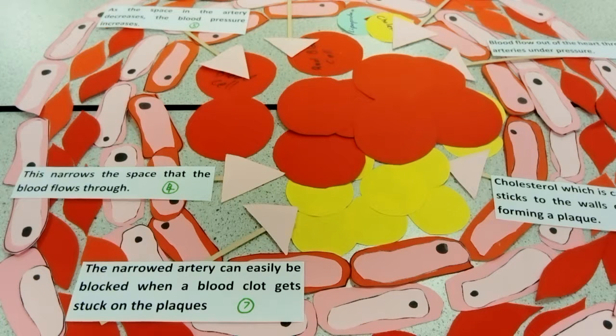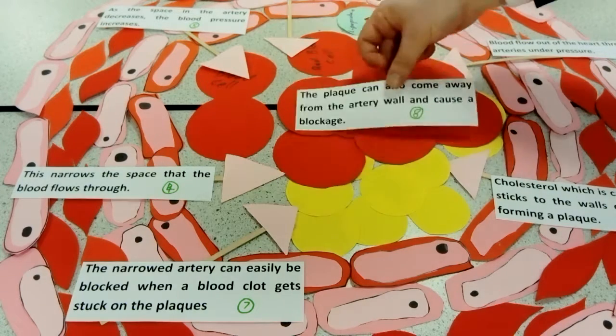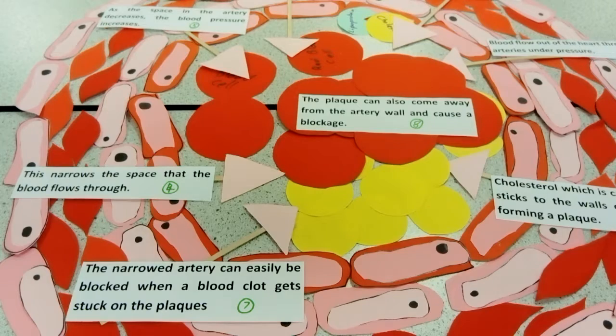As the blood cells stick to it, they'll form a blood clot, because you'll get other proteins and so forth that bind them together. That blood clot will lead to a blockage in the artery, right? So the plaque forms, blood cells stick to it, that causes a blood clot, which causes a blockage.